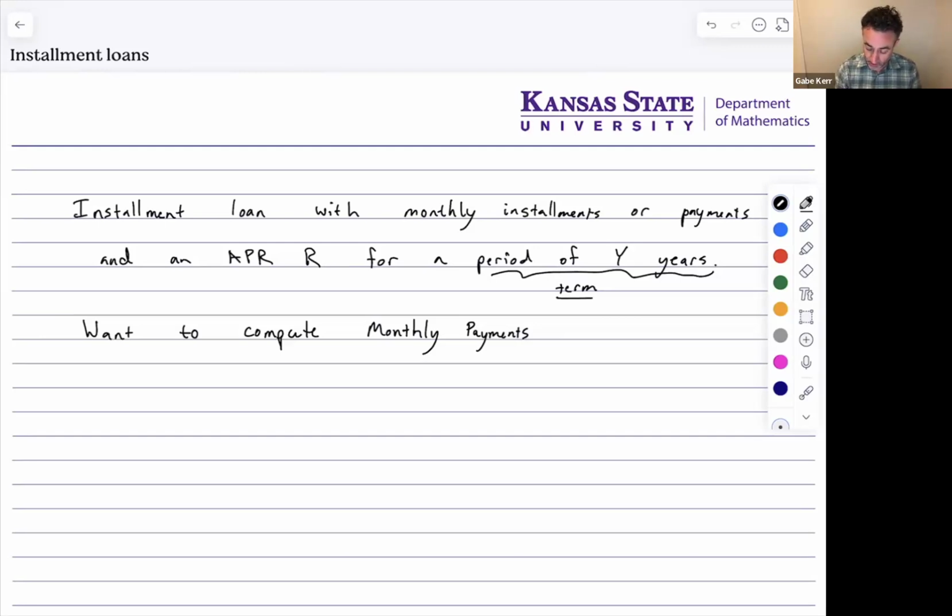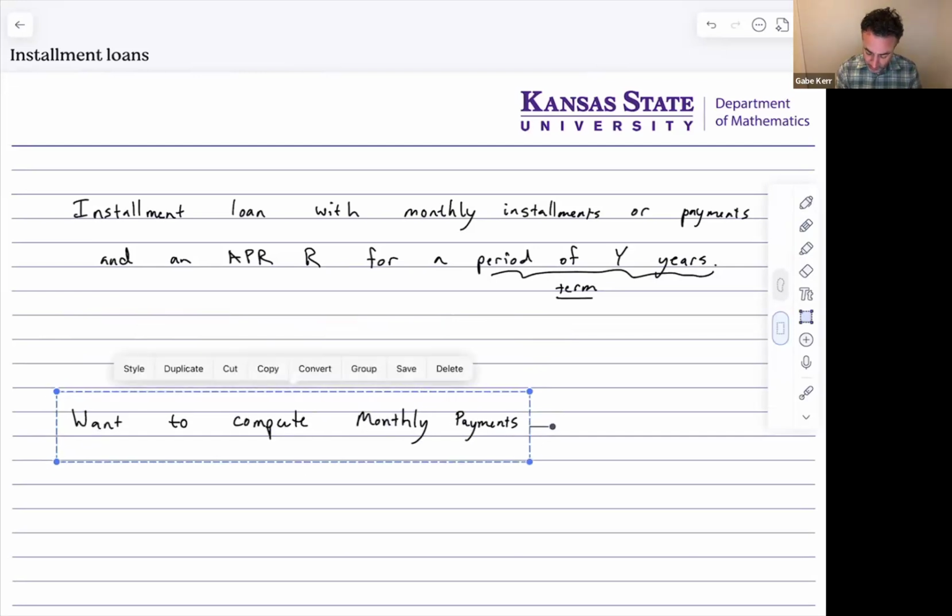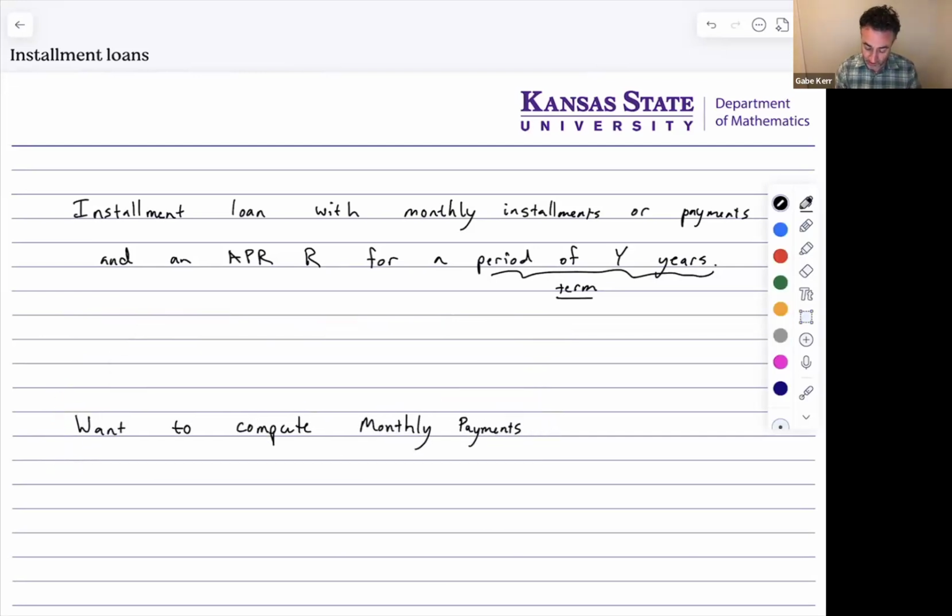I didn't write that down, so let me also write down that there's another variable here, P, which is the principal. The important numbers you're going to want are these, and we're going to recast some of them to make a formula computable for practical examples.